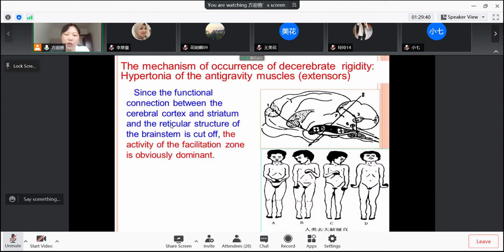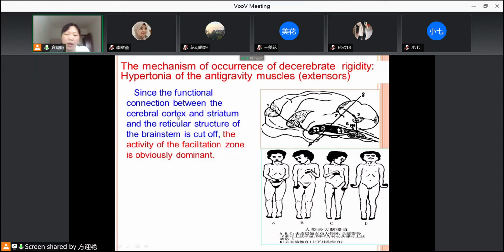We can see this mainly because their functional connection between the cerebral cortex and the striatum and the reticular formation is disrupted.